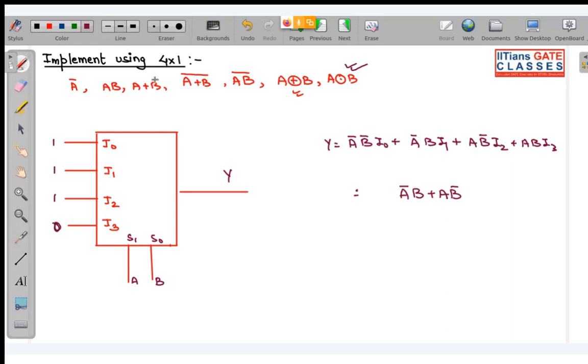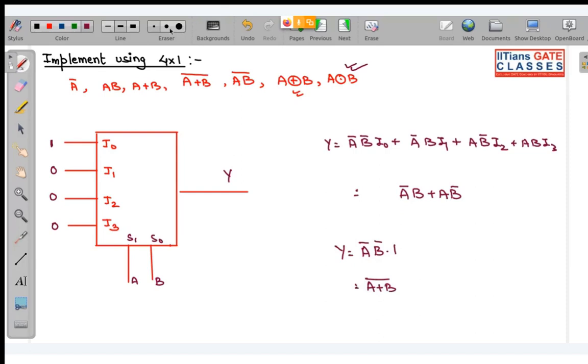If I want NOR, I can take the input combinations like this. What will I get? Y will be equal to A complement B complement into 1 and all the remaining terms will be 0. So this will be A plus B whole complement.